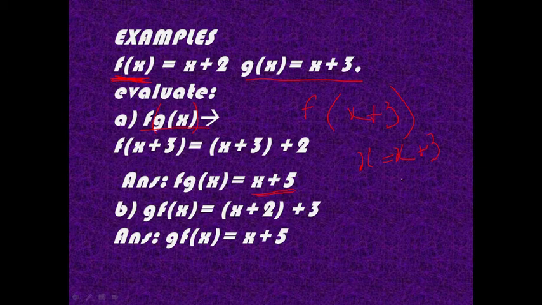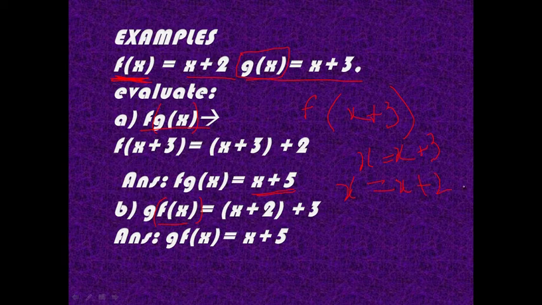Okay? The next question is almost the same thing: g of f of x, just the format is changed. You first solve f of x and then go to g of x. So f of x is x plus 2. That means in g of x, x would be equal to x plus 2.